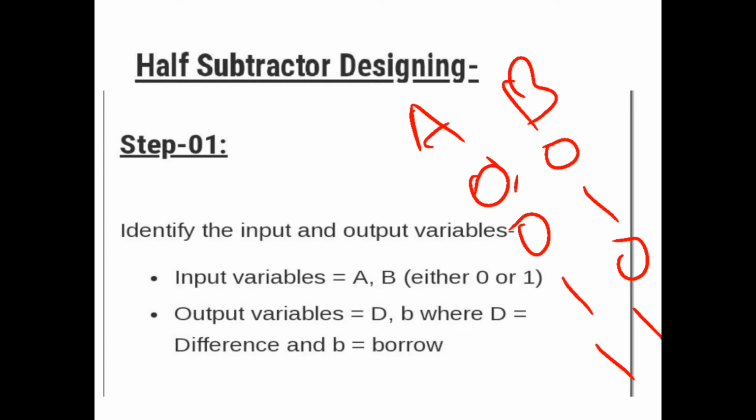We will see the output, that is the difference D, and along with that we will take care of the other output, that is borrow, for which we are utilizing the symbol B.